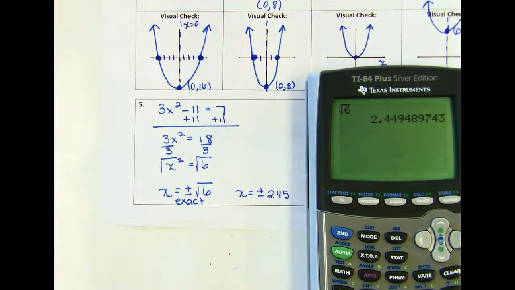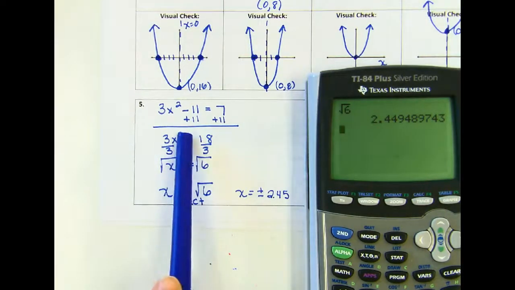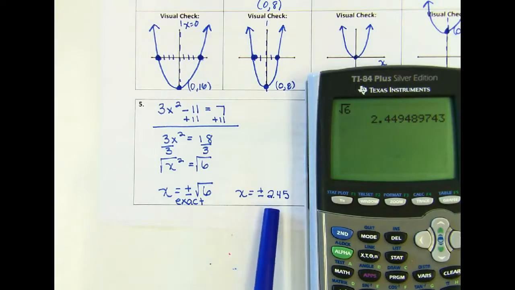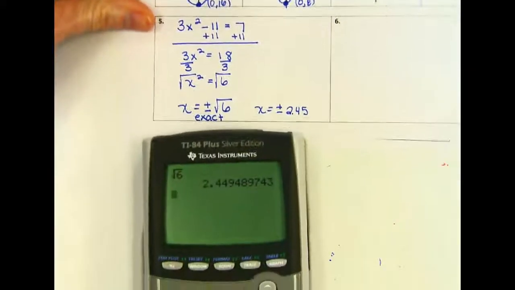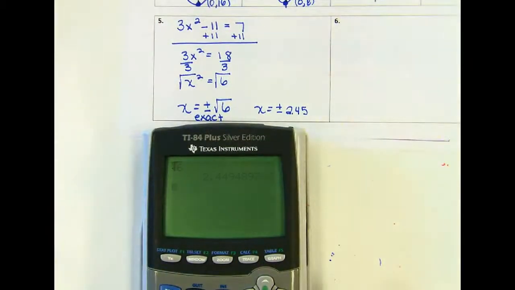Now, why is it better to use an exact answer? Well, because we can check these. If I check using a decimal, it's going to be off a little bit. But if I check this using the square root, it's going to be an exact answer. So let me demonstrate that for you. We have 3 times the square root of 6 squared, and you know what's going to happen there.